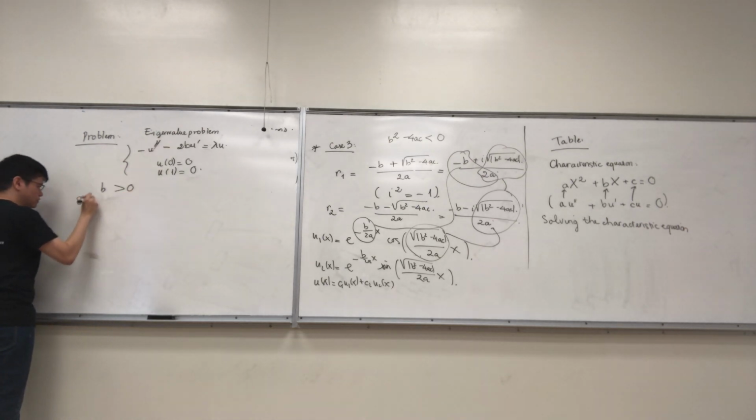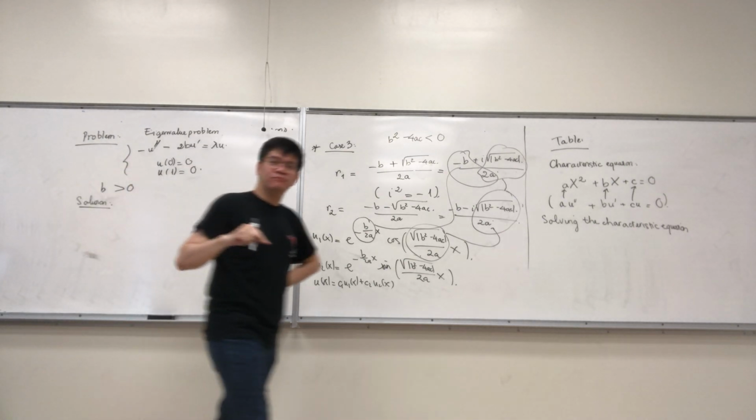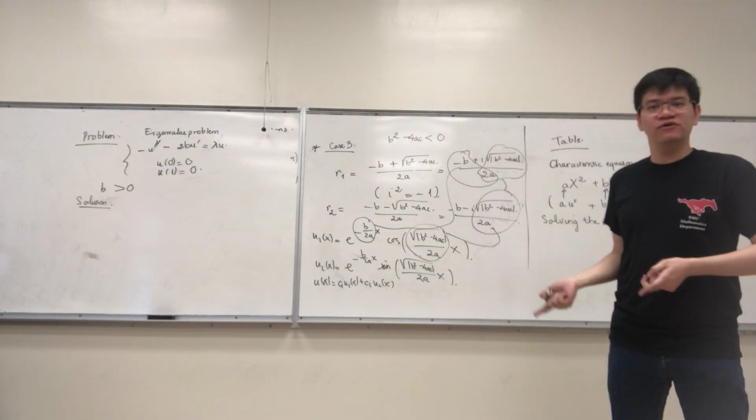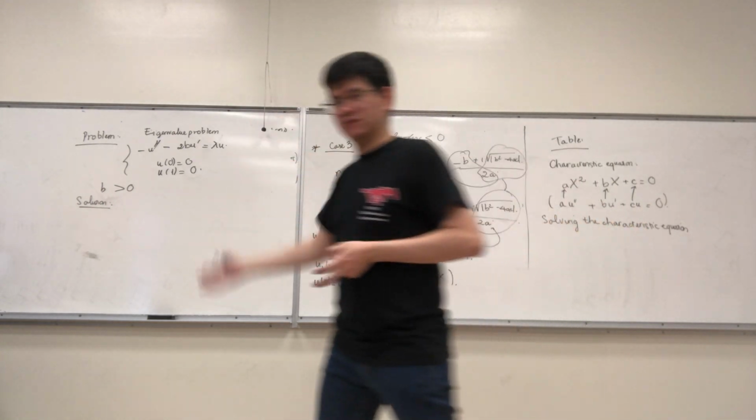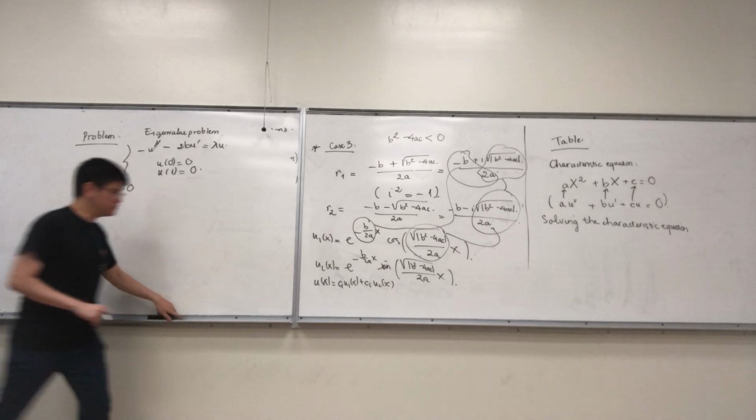So this is the solution. Problem 3 was solved on Canvas, but I want to go again over the proof so that you understand better how to solve this problem.